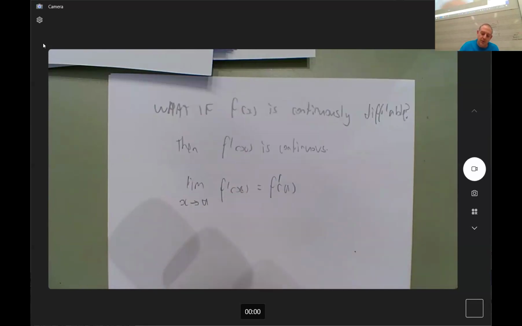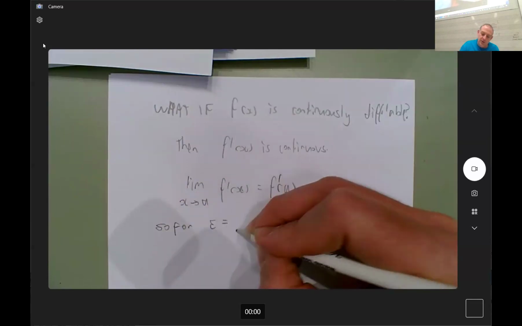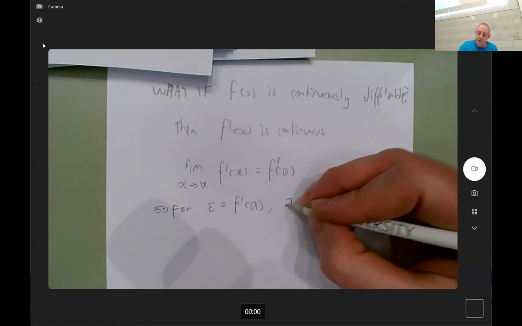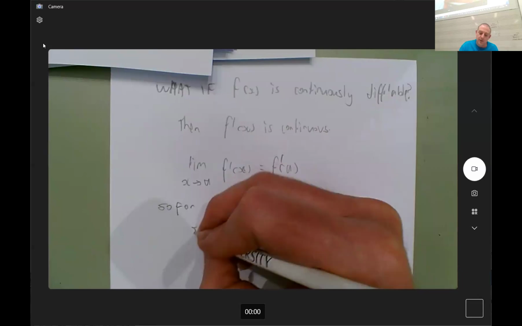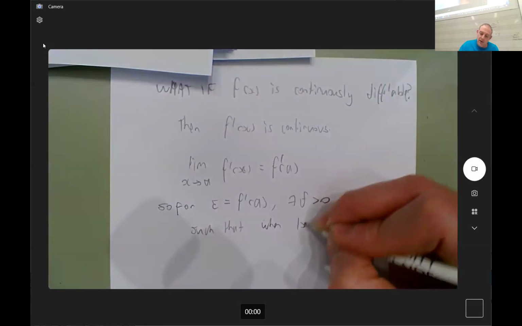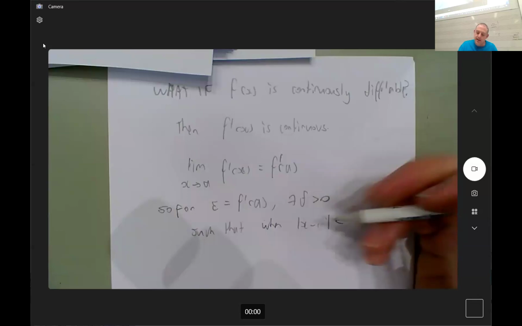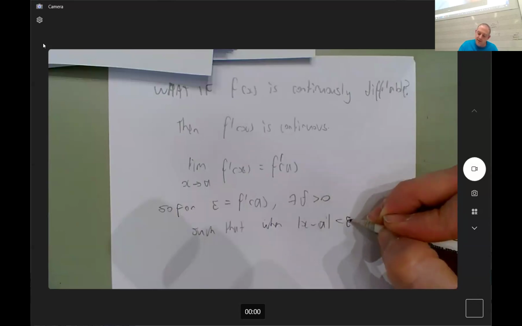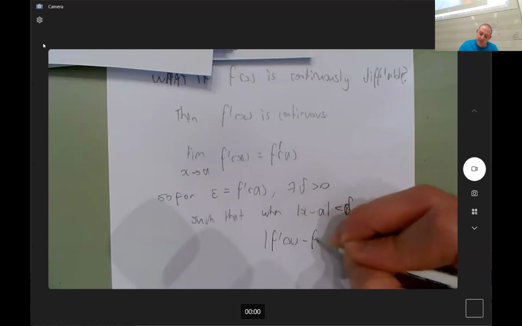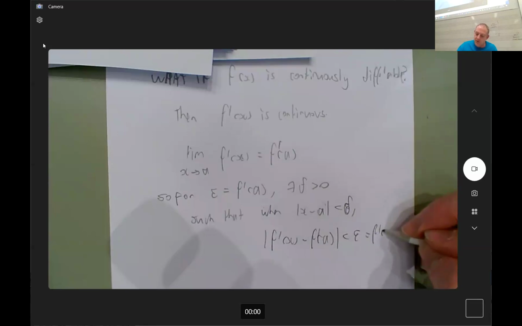And therefore, for epsilon equal to f dashed of a, there exists a delta greater than 0 such that when the distance between x and a is less than delta, the distance between f dashed of x and f dashed of a is less than epsilon, which is f dashed of a.